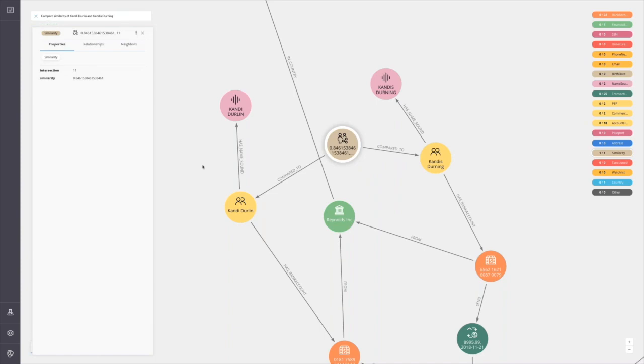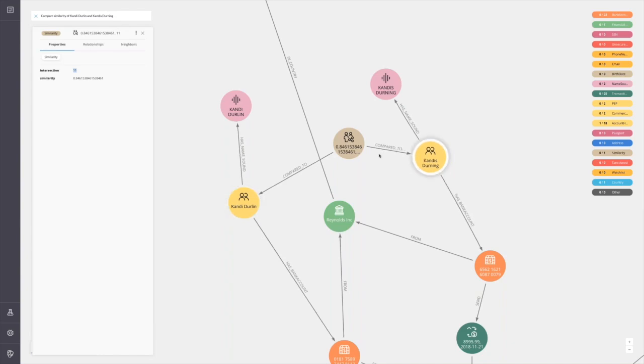This uses the Jaccard similarity algorithm, where 0 is no match at all and 1 is a perfect match. So here we have 0.846, which is quite a high number, right? We can confidently say, because they've interacted with 11 of the same accounts, that they're highly similar, and therefore we think Candy Durnin and Candice Durning actually could be the same account holder, right?